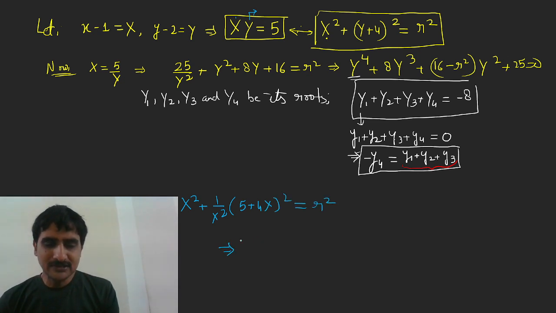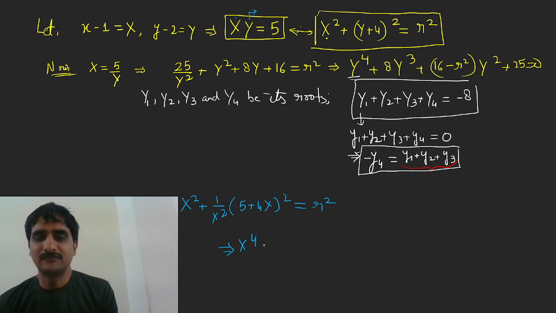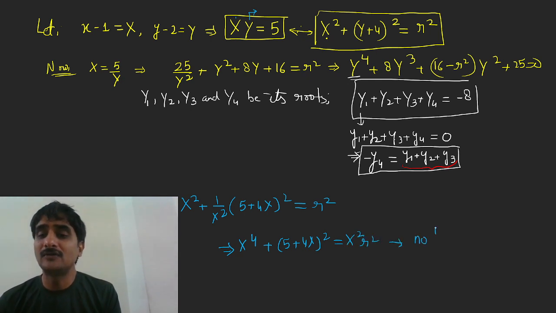Now when you solve it, you take LCM: x to the power 4 plus (5 plus 4x) squared equals x squared r squared. There is no term of x cubed, you can see this here. So this implies the sum of roots x1 plus x2 plus x3 plus x4, how much is it? It's 0.